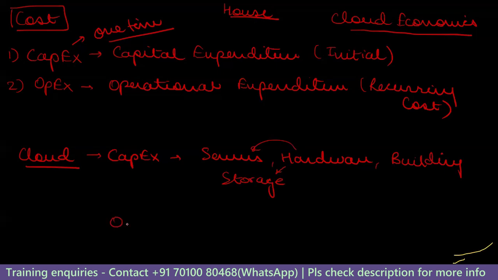When you come to the OpEx part of it in cloud, yes, you will have electricity bills, you will have internet bills that you're going to pay every month, you will have salary here. Why salary? Because you will have cloud administrators working in your data centers.